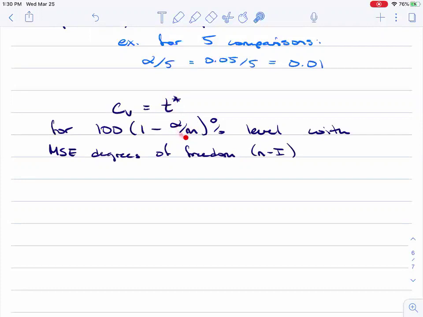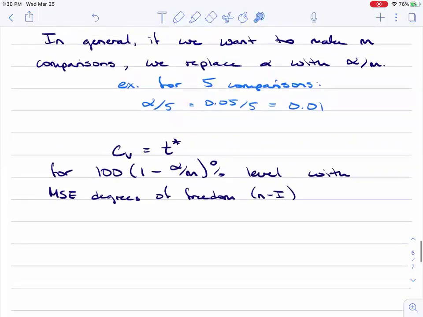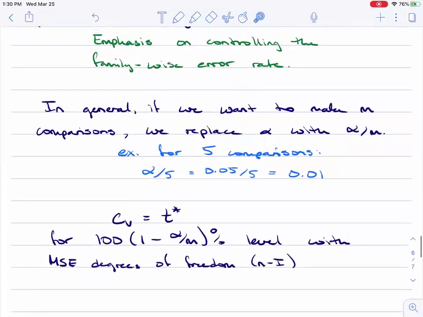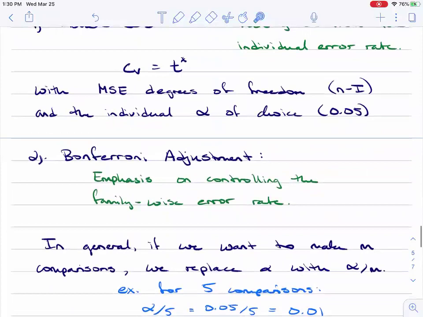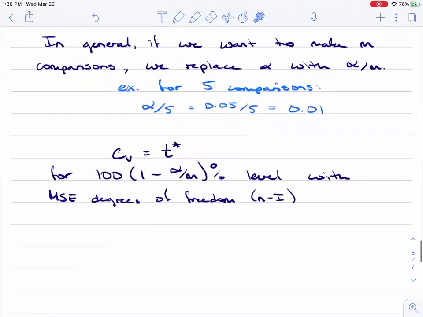So now your confidence level is going to be quite a bit higher, right? Okay, so both of these, so far, Fisher's LSD and the Bonferroni adjustment, if we're making confidence intervals, they both use T star. The only one that doesn't is the Tukey's HSD.